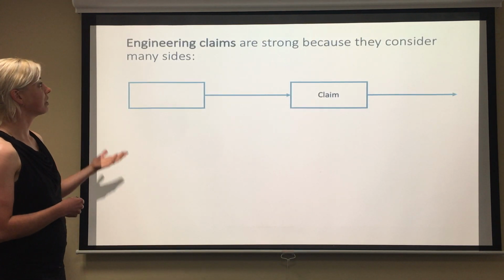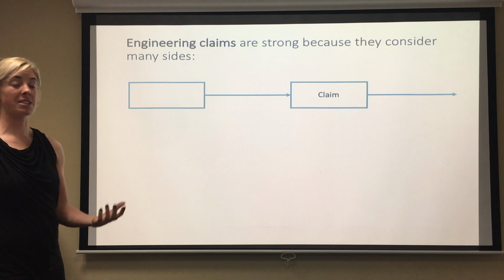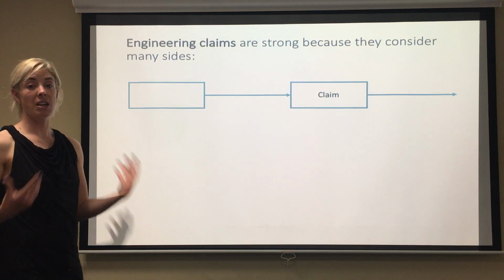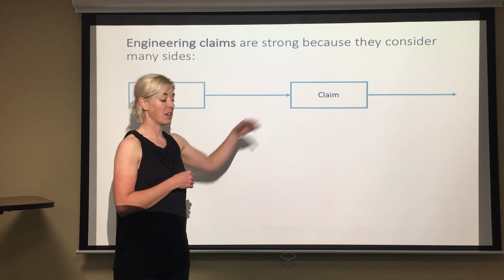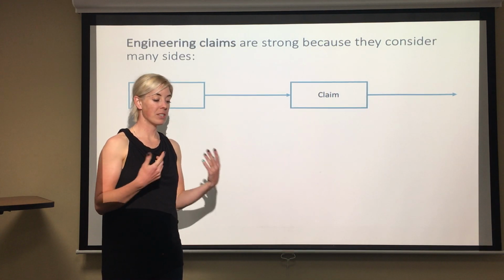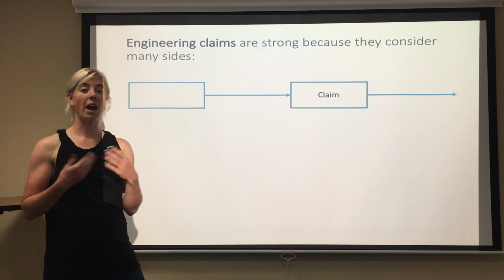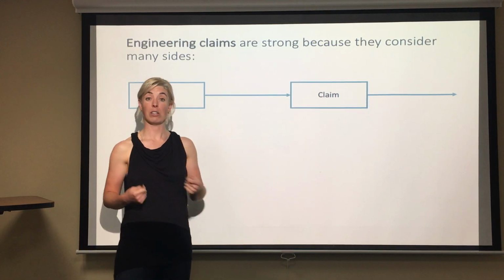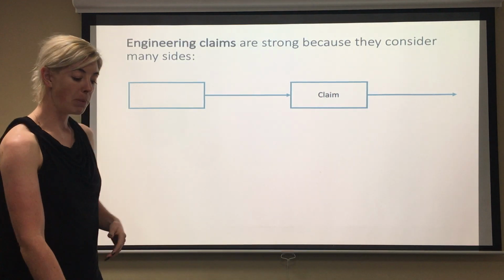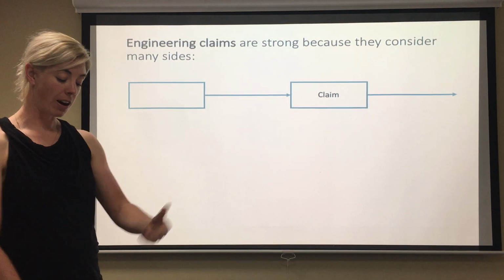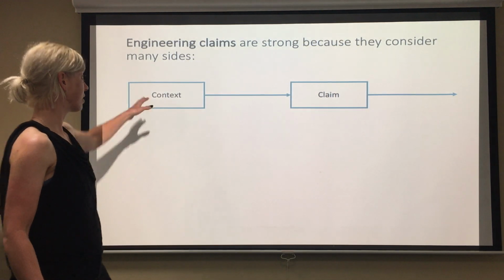So engineering claims are strong because they consider many sides. Claims just don't stand on their own, right? So I may be interested in increasing the efficiency of a certain algorithm, and so my claim is that I can increase this 10,000-fold, right? But I can't just assert that. I have to provide some sort of context.